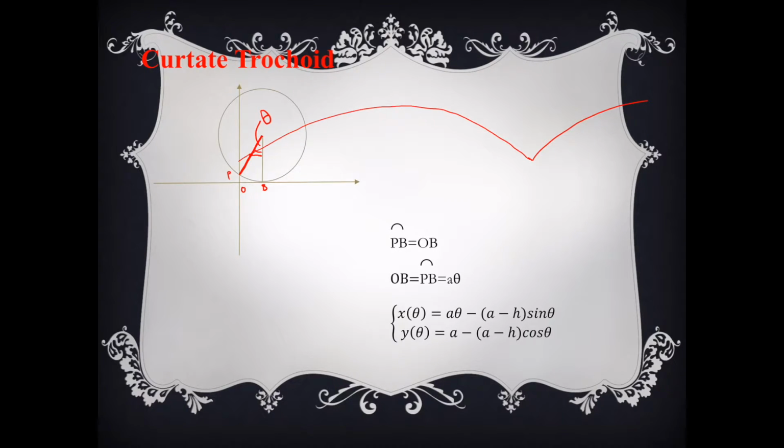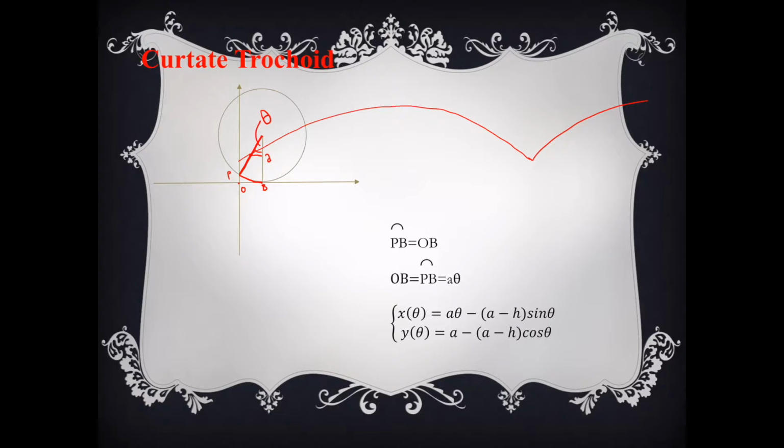The arc PB, which is the one that I'm highlighting right now, is equal to the length of O to B. You have to agree with that. And the arc PB equals A, which is the radius of the circle, times theta. Again, it is how you find the circumference of the circle.